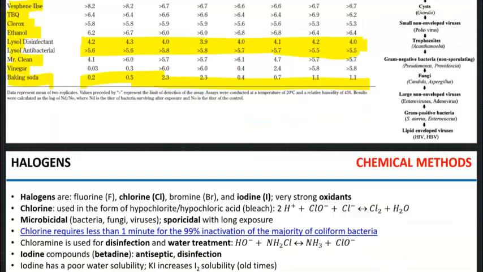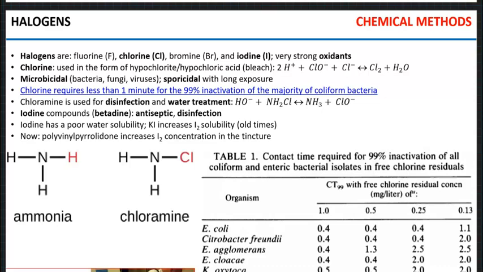Okay? So halogens. Out of all halogens that there are, we use chlorine and iodine. All of them work through oxidation. That's their mechanism that you should know. So chlorine and iodine are used for two very different purposes. Chlorine is a disinfectant.